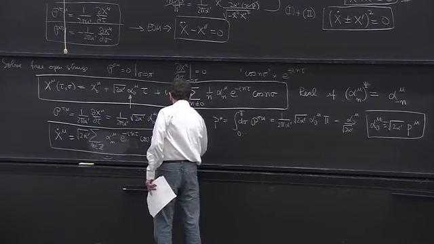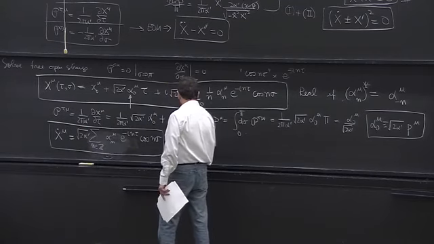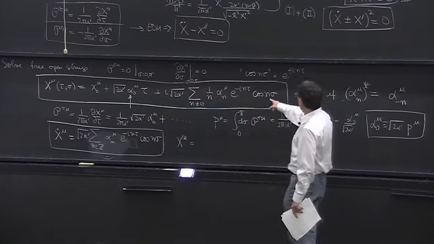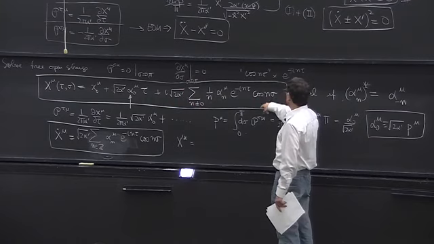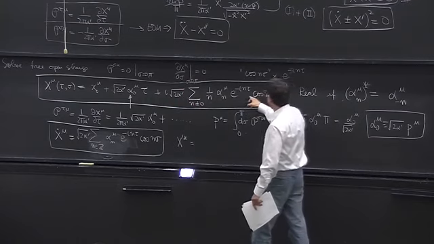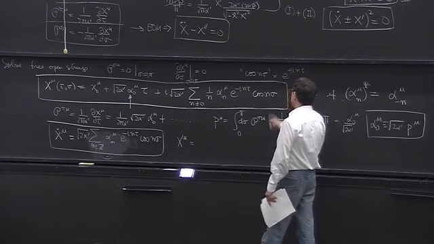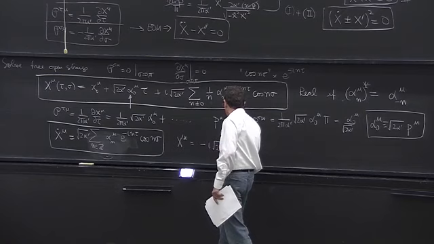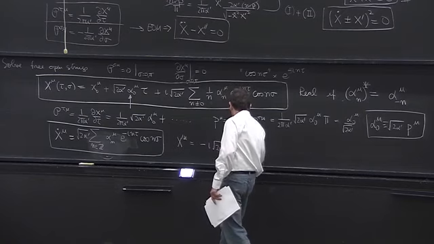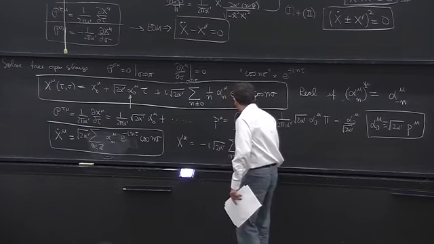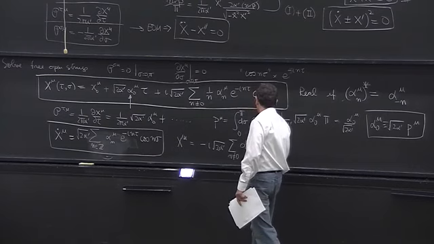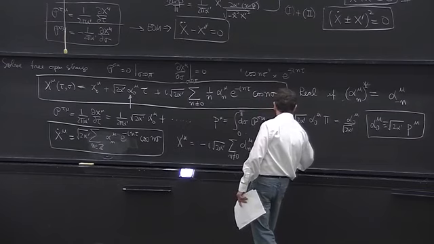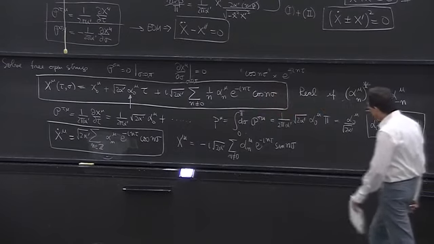How about x prime? X prime mu, again, let's try to differentiate just the second term. Now I have to differentiate the cosines. So it's going to give me an n that cancels that, a minus sign and sines. So minus i square root of 2 alpha prime, sum over n different from 0, alpha n mu e to the minus i n tau sine of n sigma. Okay, that's it.